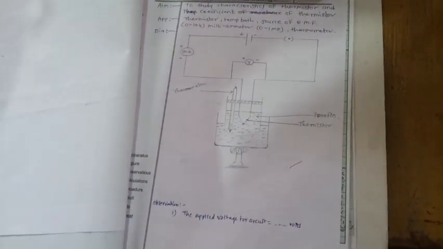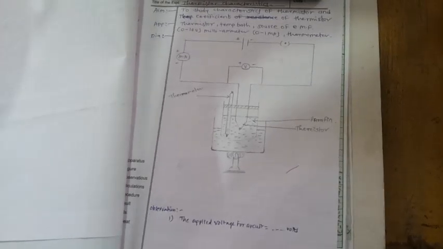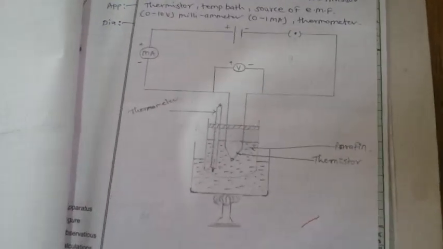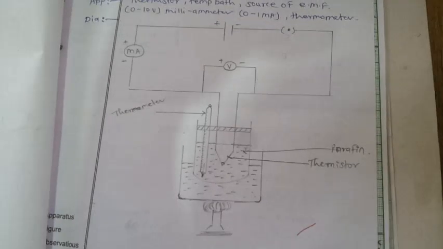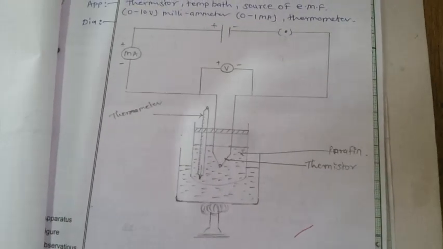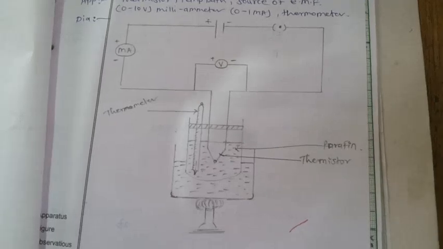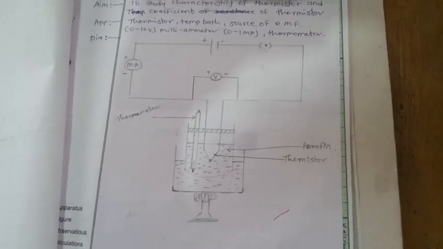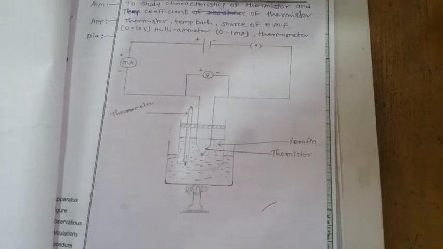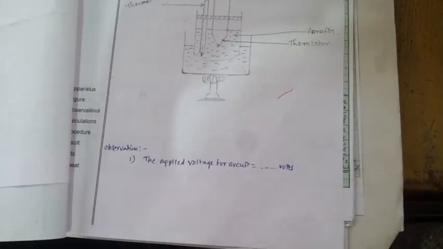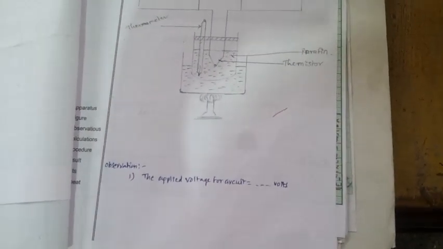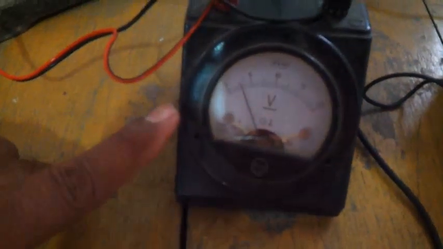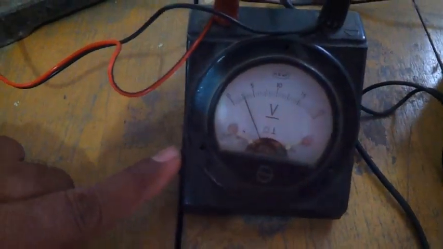Here the thermistor terminals are connected to the voltmeter, through the current meter, to the battery supply. We make the connections using this circuit diagram and take the observations. The applied voltage for the circuit is kept constant, just 2 or 2.5 volts, as given in the voltmeter.